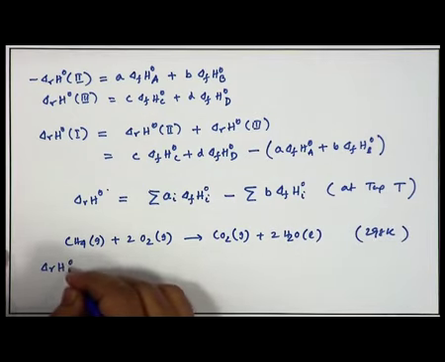I am omitting the units just to make it faster. 1 mole plus 2 times 285.8 minus 74.8, this is 0, which will give us 890.4 kilojoule per mole.